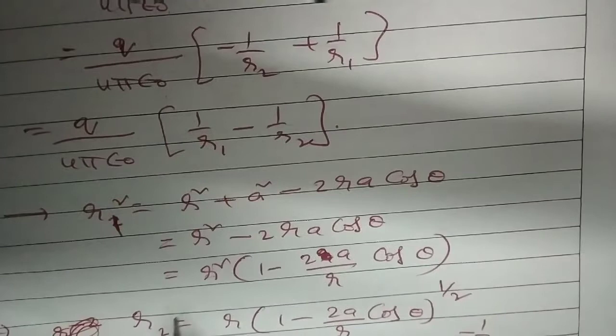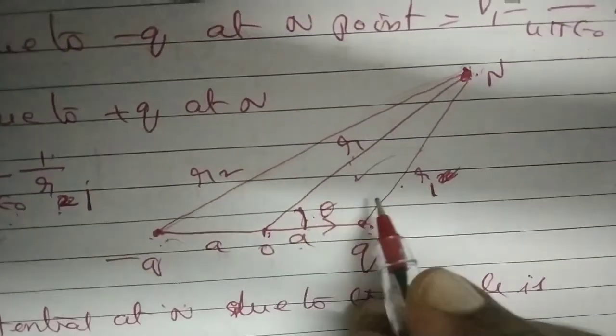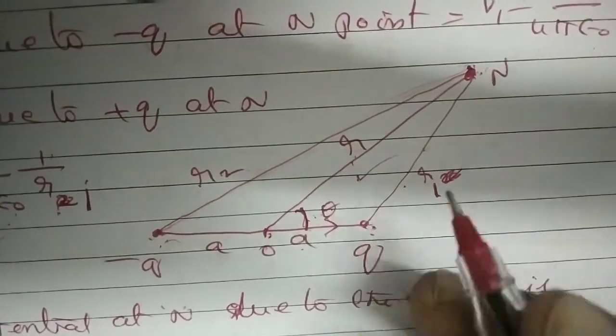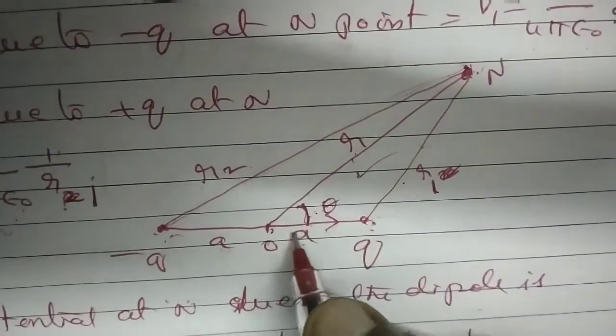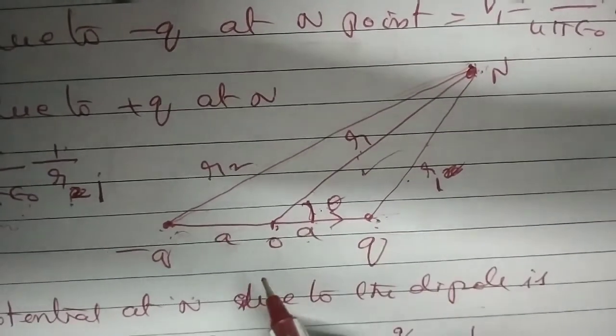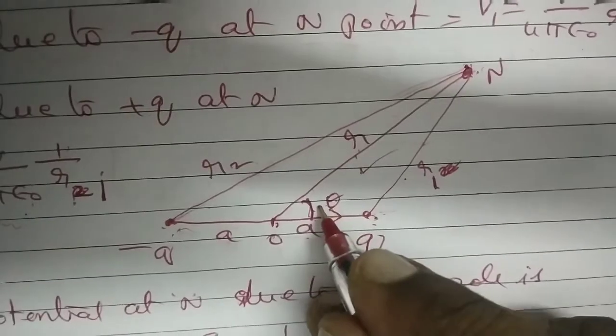This is called the cosine law. Means what? The square of the side opposite to the angle is equal to this side square plus this side square minus 2 into this side into that side into cos of the angle.